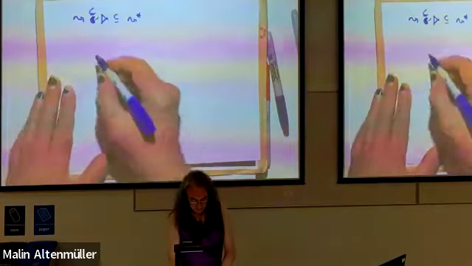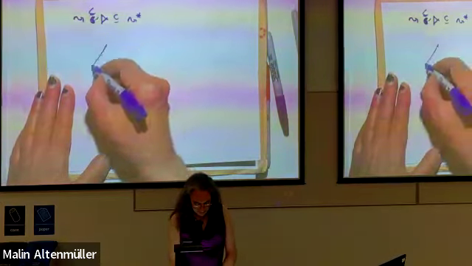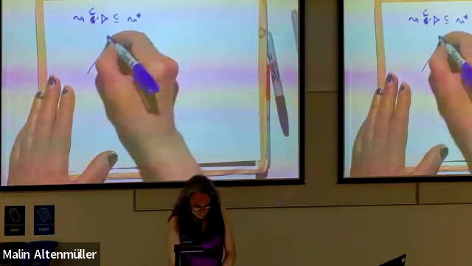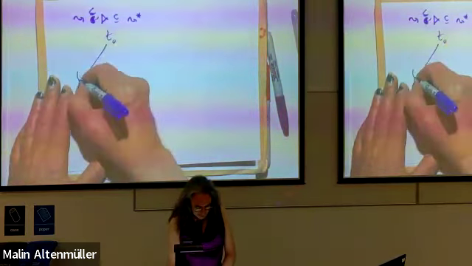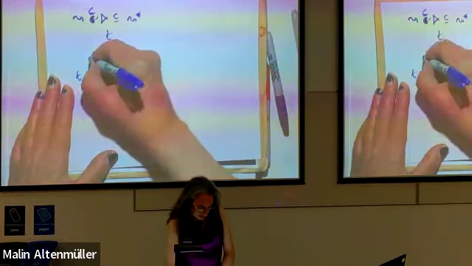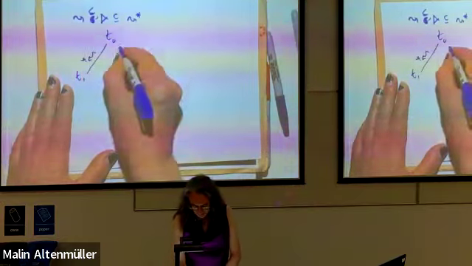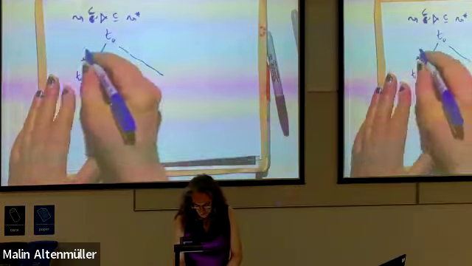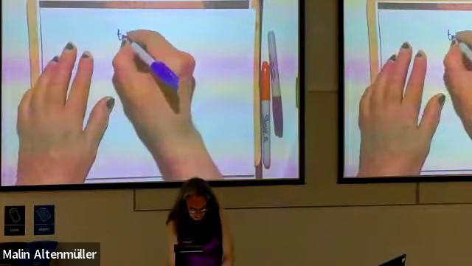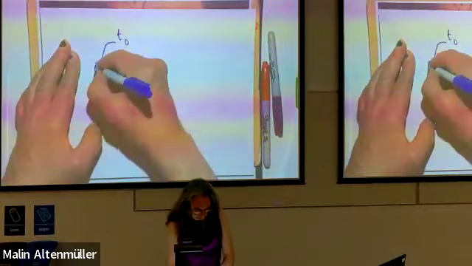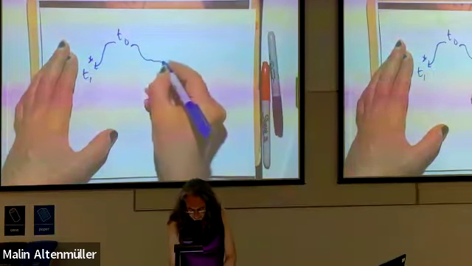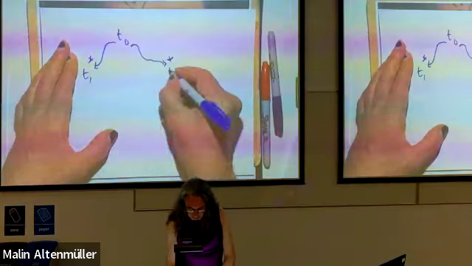So somebody gives me a bunch of reduction steps to T1 and a different bunch of reduction steps to T2.